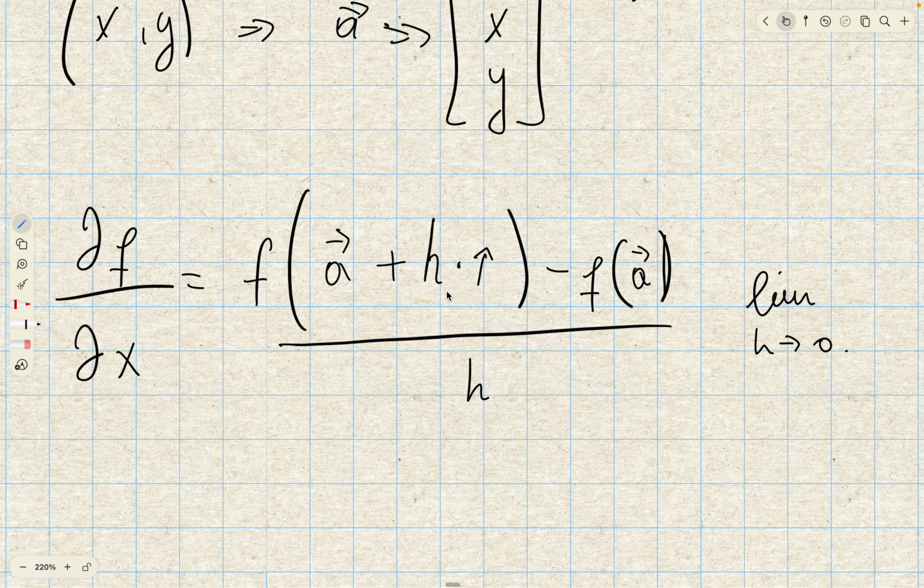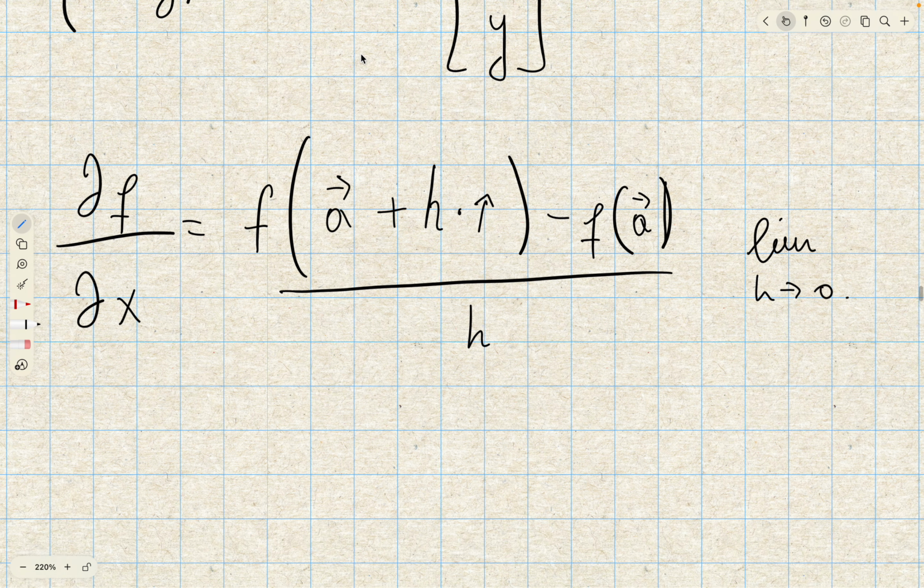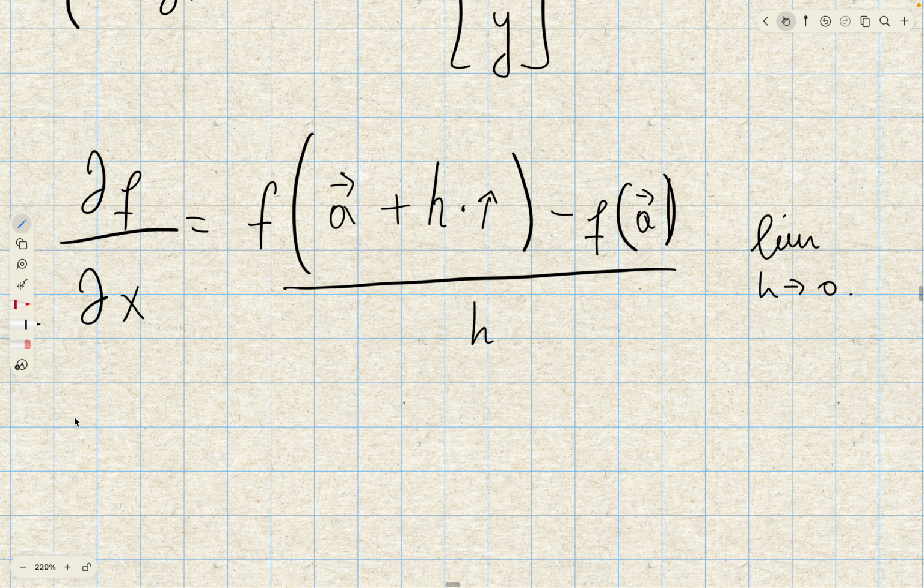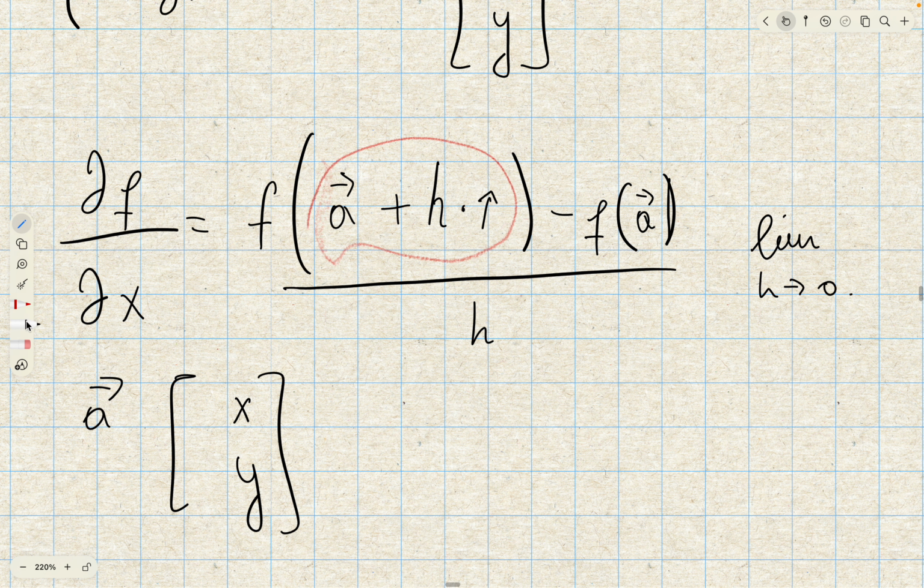And let's see how actually it translates into the same thing. So we had a, which was x, y, and this part simply means x, y plus h, and we can build our direction, this vector, in a way that we can make sure we are only moving in the x direction or only moving in the y direction.